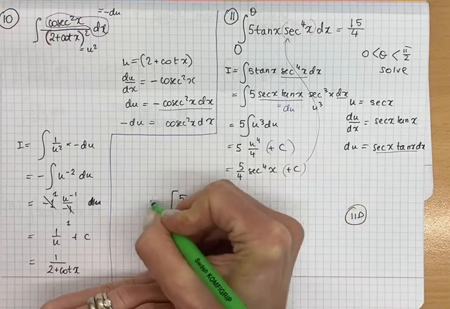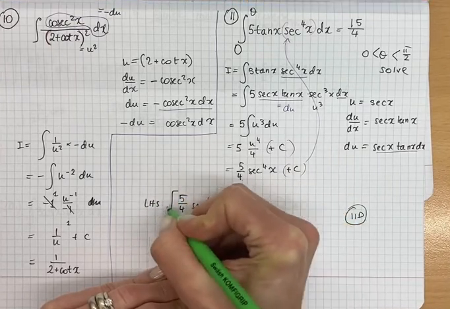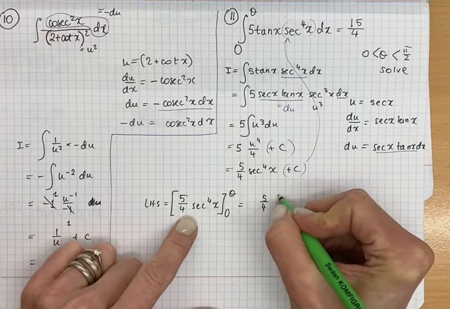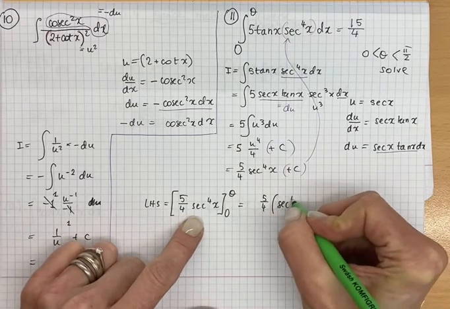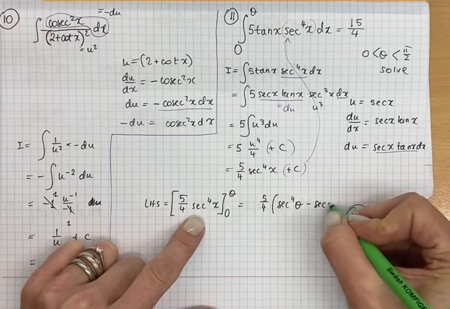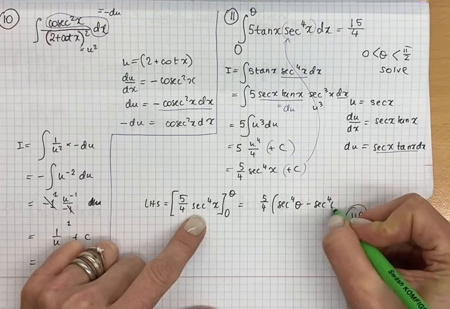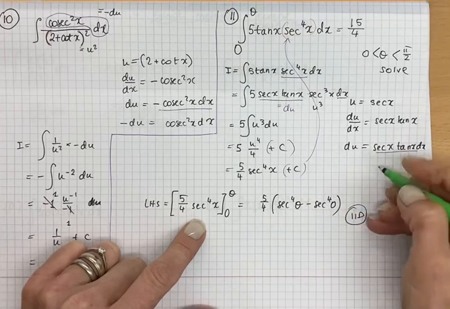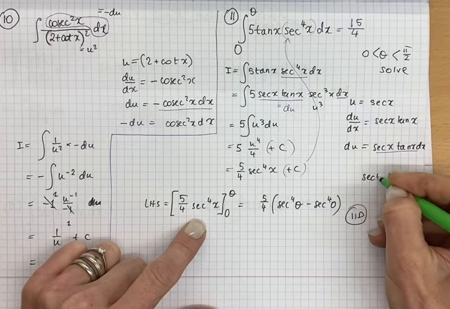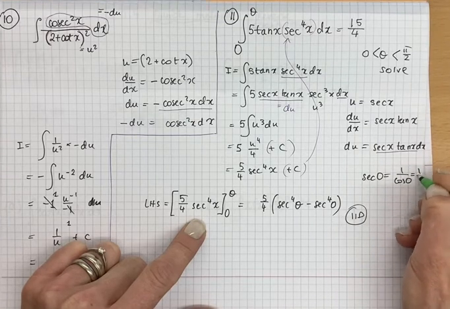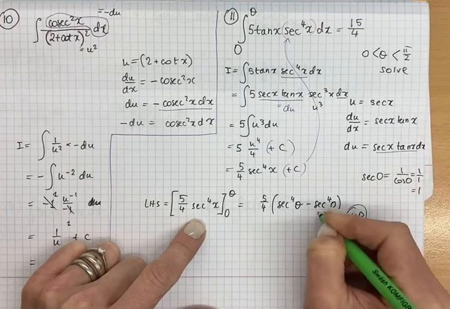So this is the left-hand side of this equation, and that is going to be 5 quarters of sec to the power 4 theta minus sec to the power 4 of 0. Okay, now sec 0, remember sec 0 is 1 over cos 0, and that's 1 over 1, which is 1.